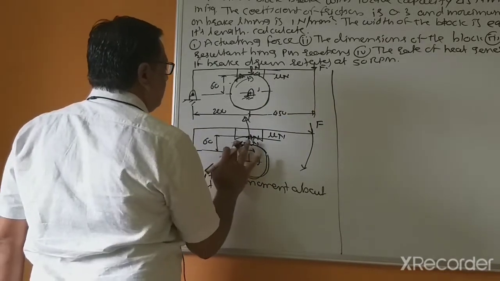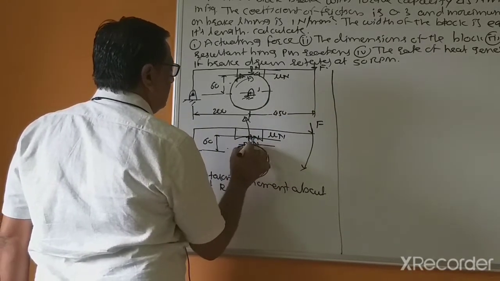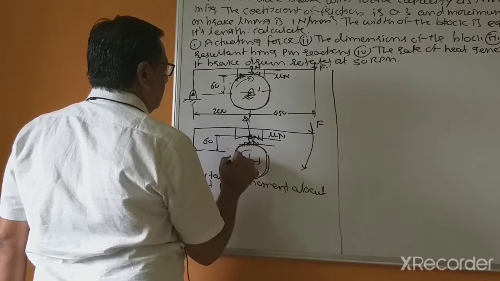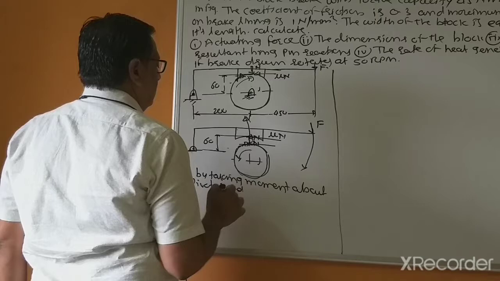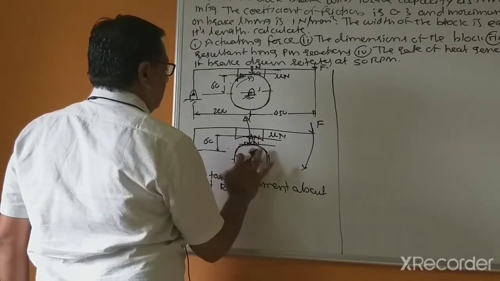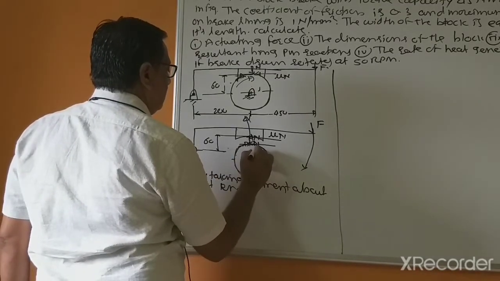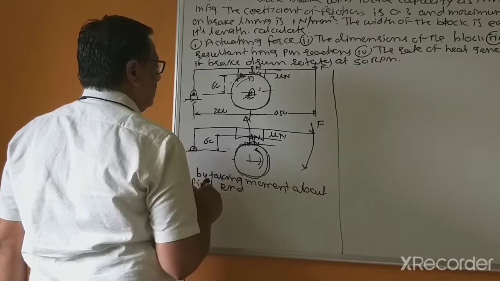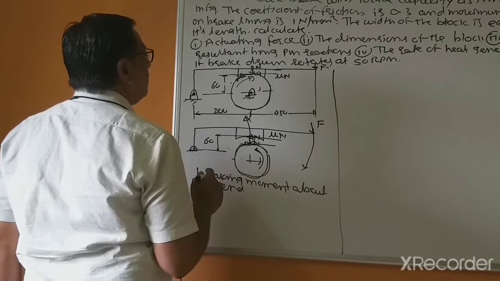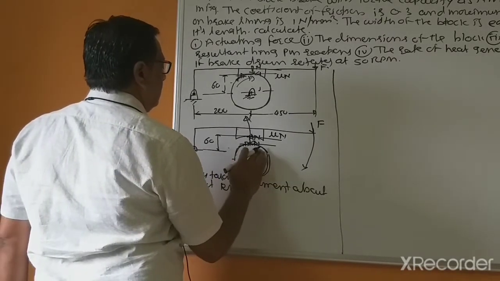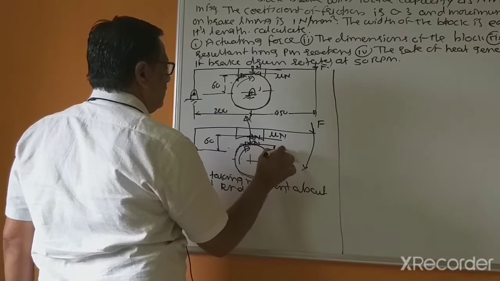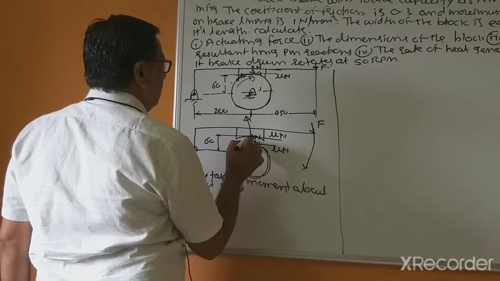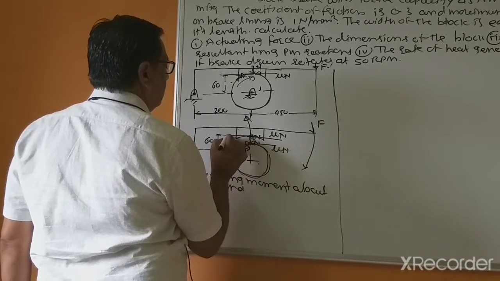Here also we have to change the direction, because this is opposite. So this is mu N.